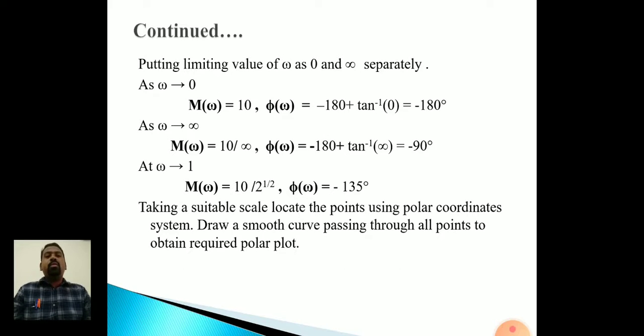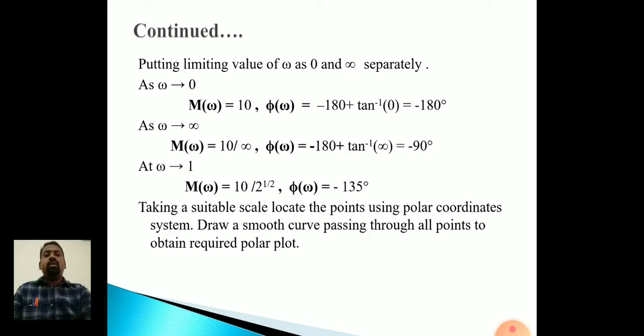And put the limiting values of omega as 0 and infinity separately. As omega tends to 0, the magnitude ratio becomes 10 and the phase angle becomes minus 180 plus tan inverse of 0, which is 0, so finally it is minus 180 degrees. So the magnitude ratio is 10 and the phase angle is minus 180 degrees.